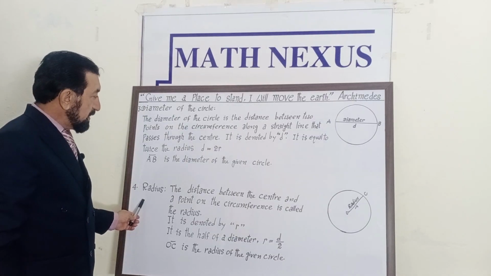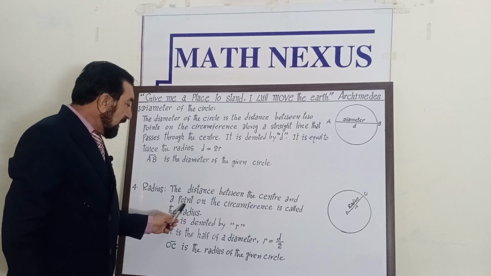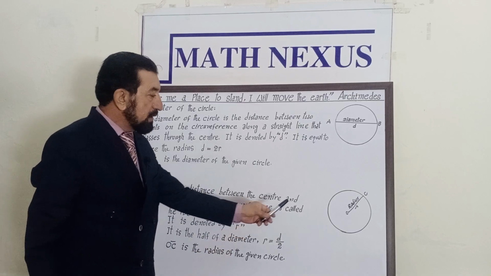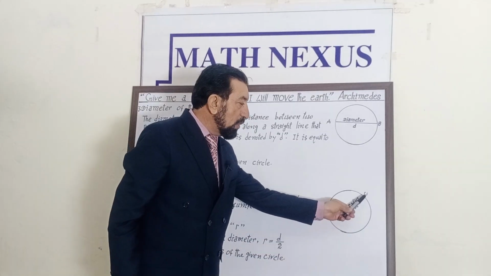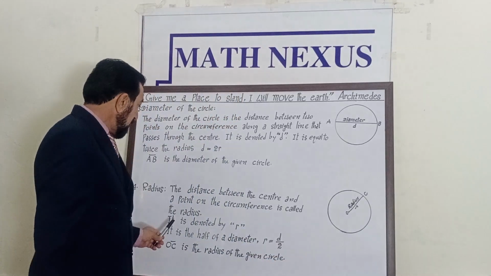Fourth, radius. The distance between the center and a point on the circumference is called radius. From center to the circumference, or to the boundary of the circle, is called radius.